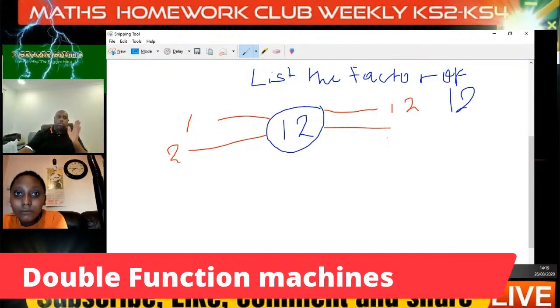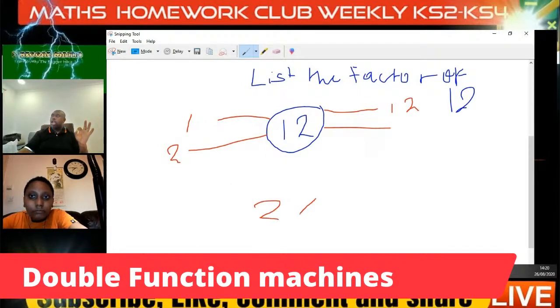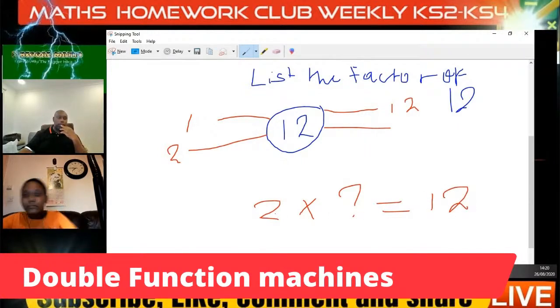No, think, Denzel. 2 times a number equals 12. What is that number? I double a number and get 12. 2 times 6. 2 times 6.